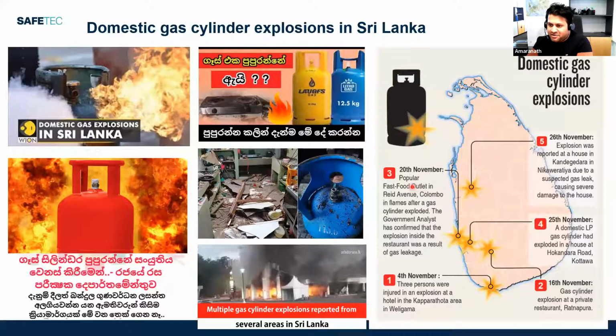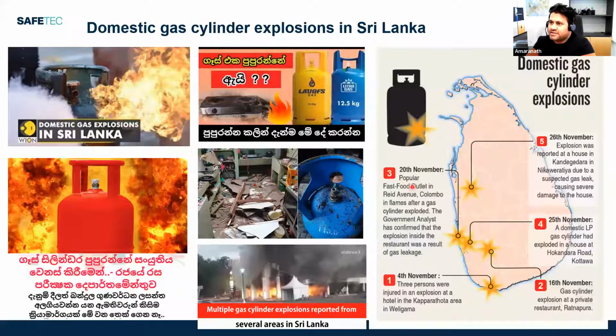Some say the gas releases are due to failures in the regulators and failures in cylinder valves. But there are a lot of arguments and discussions around this in the last couple of months in Sri Lanka.